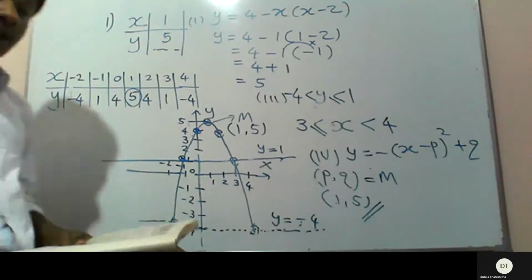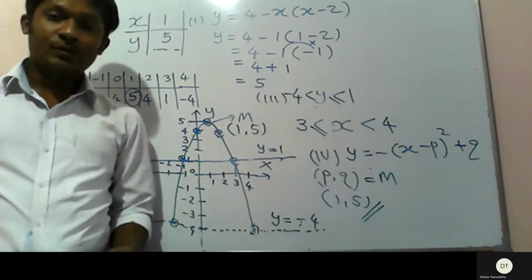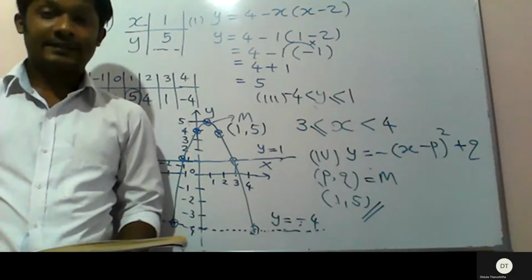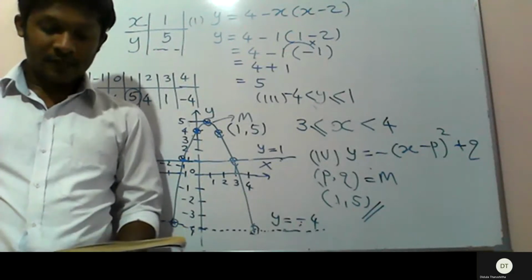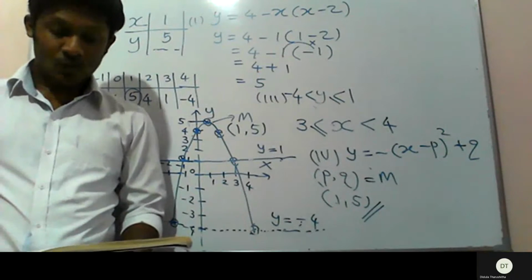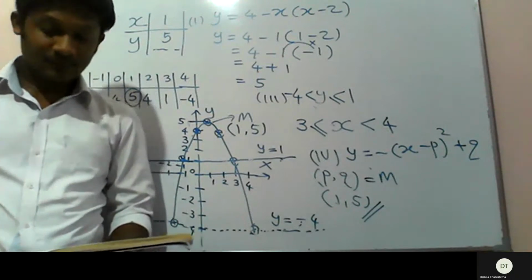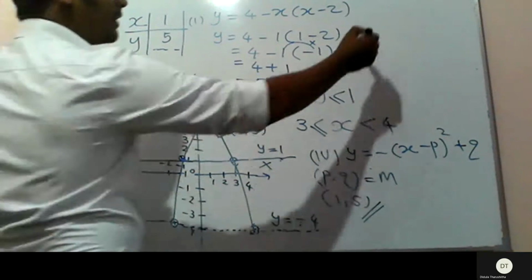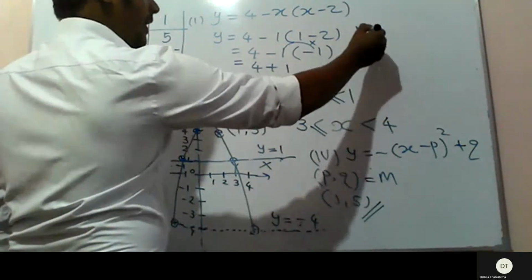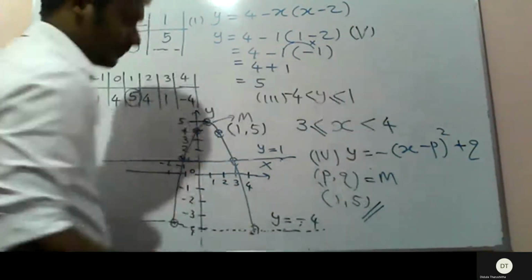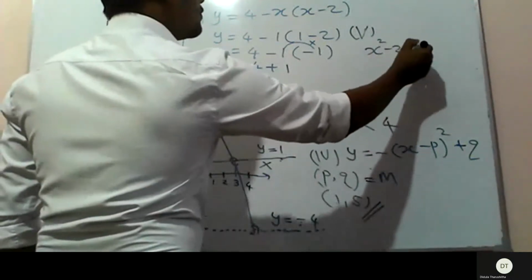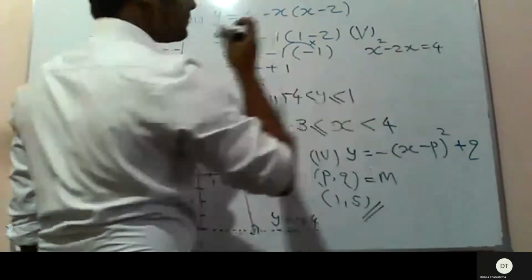Next question. Using the graph, find the positive value of x for the function x squared minus 2x equal 4. Find the first decimal place value. Part number 5. x squared minus 2x equals 4.